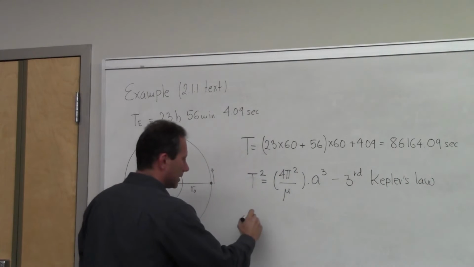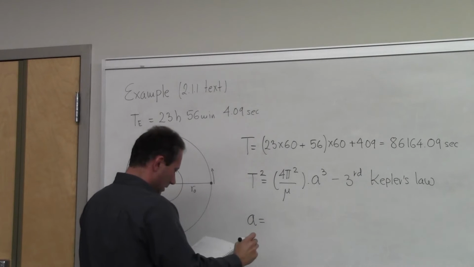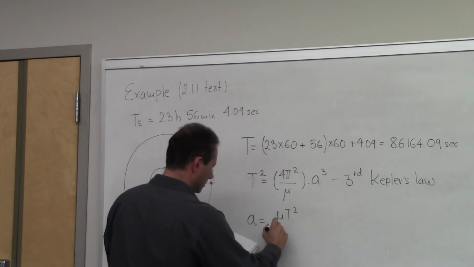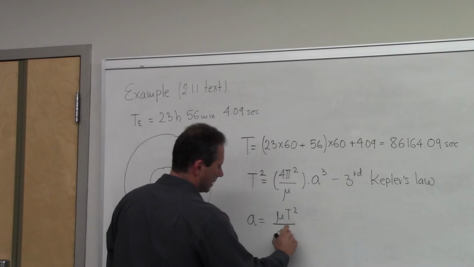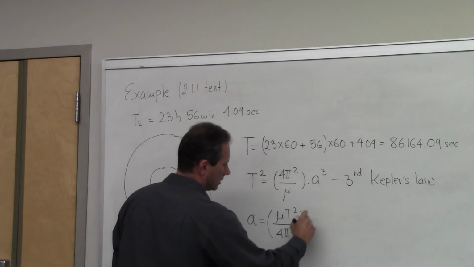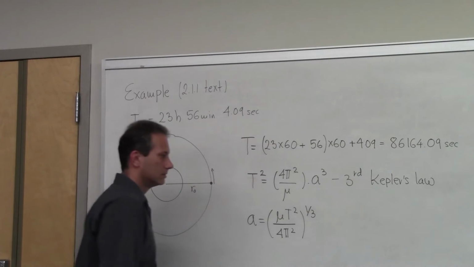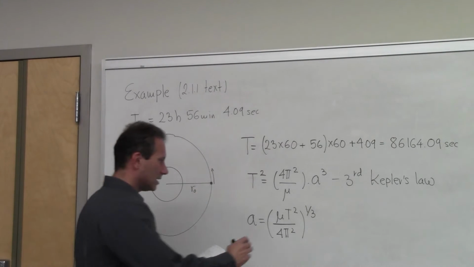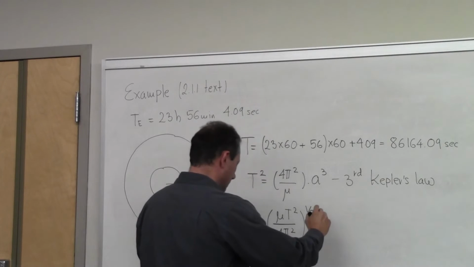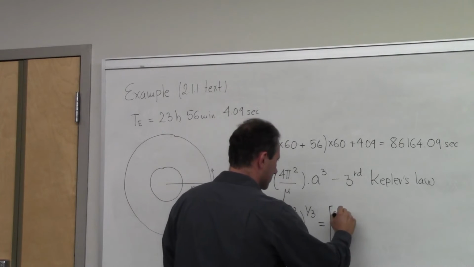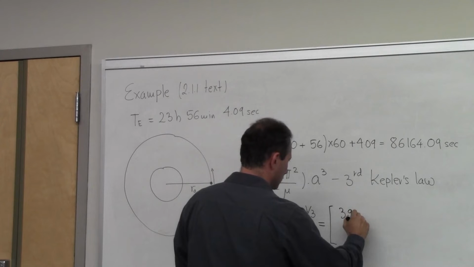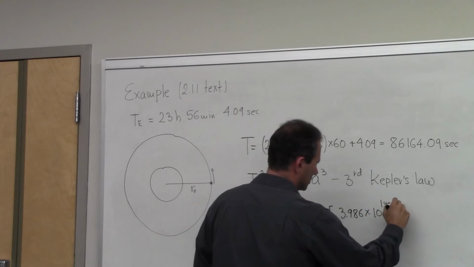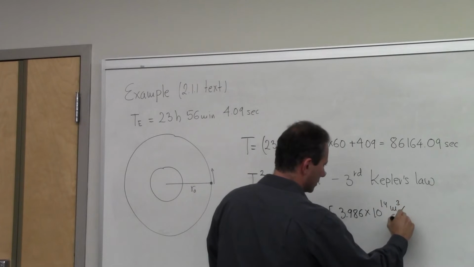So from here, I can express A as the third root of mu T squared over 4 pi squared. And if I substitute the numerical values, this becomes 3.986 times 10 to the 14 meters cubed over second squared.